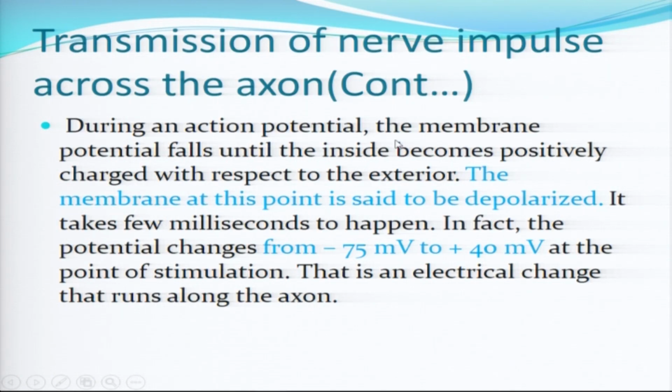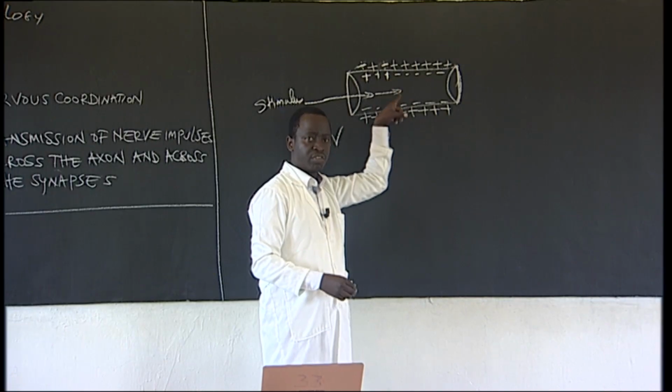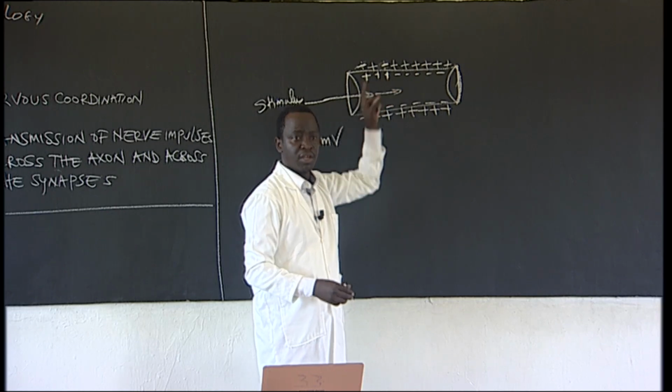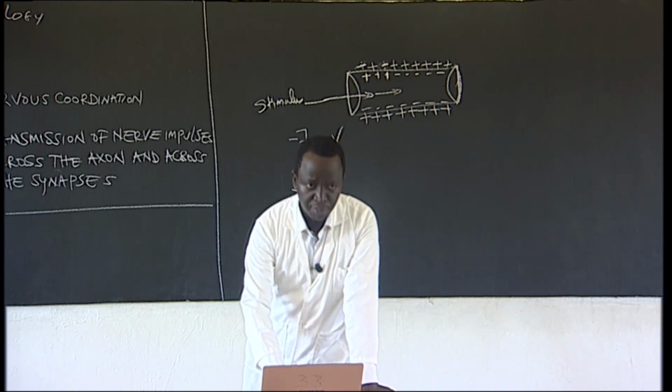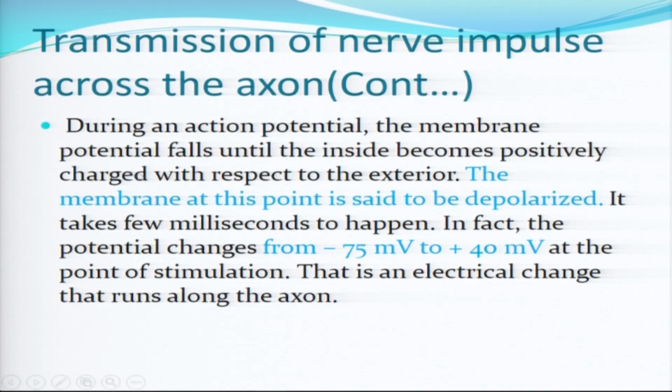So here we have positive charges inside of this axon membrane. As I have said, the potential difference is going to change from minus 75 to 40. It doesn't mean this exact value, it can even move beyond; it is just an estimation. It can also be this one, don't worry.